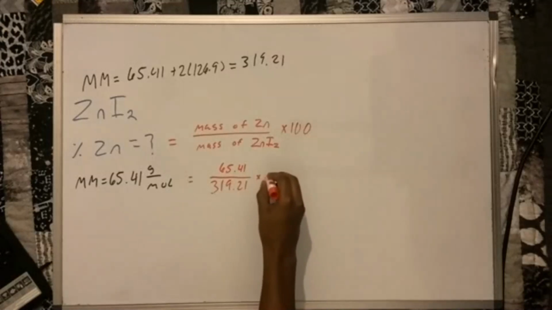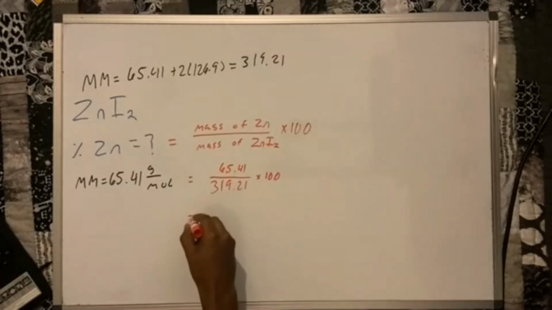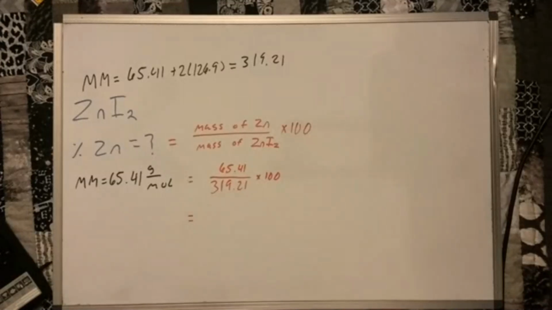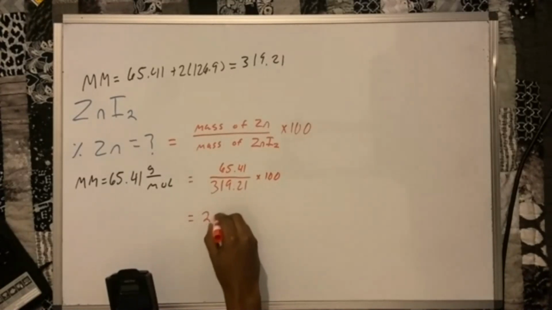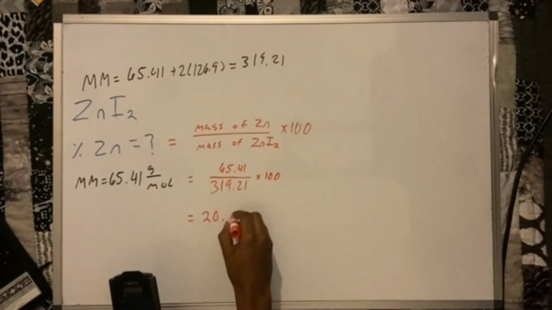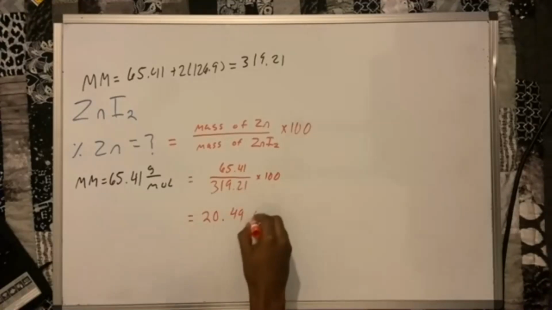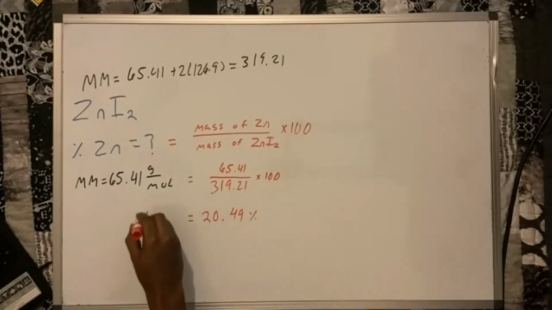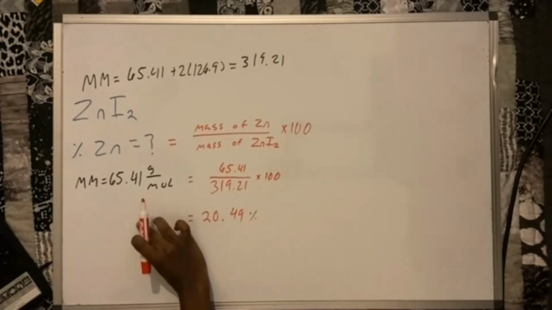Okay, times 100. And before this is all wrong, 65.41 over 319.21 times 100. We get essentially 20.49%. That's zinc's percent composition of zinc.